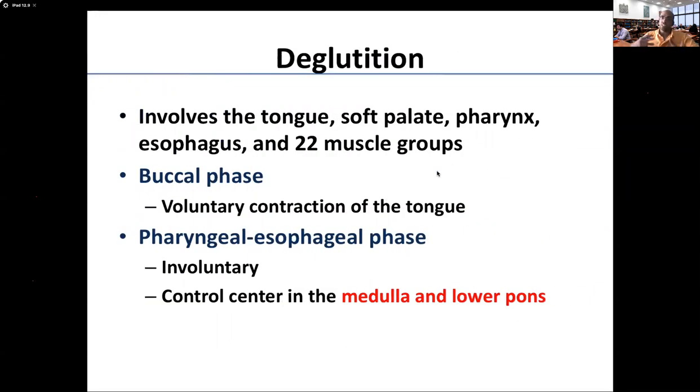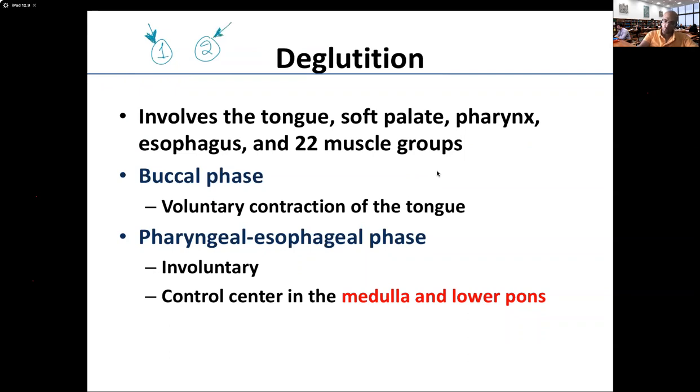Is deglutition voluntary or involuntary? What do you think? If you choose voluntary, please write 1 in the chatting box.